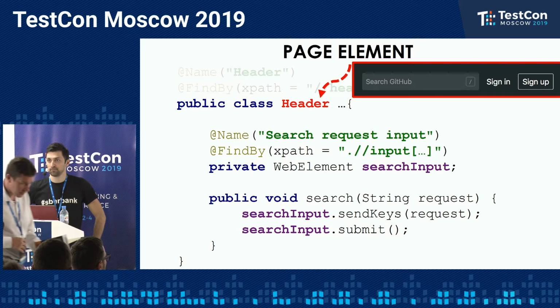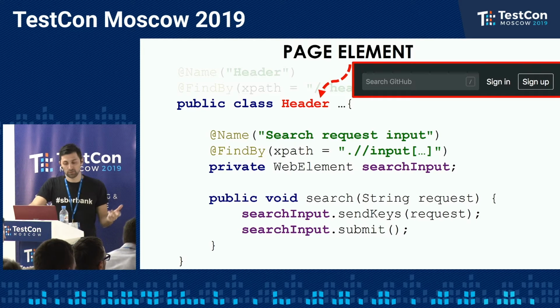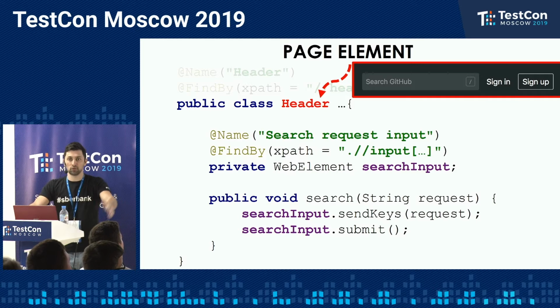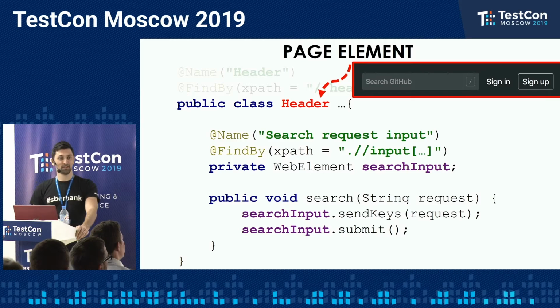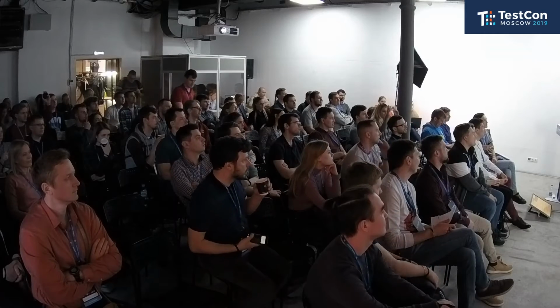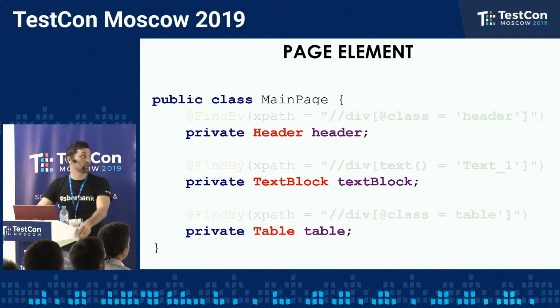If I use the page element approach, then in my class I define some layer. I define all the buttons and components and add some methods to work with those components. The page element, who knows page element? Nod or raise your hand. I understand it's the last presentation and it's hard to be here, but you need to learn what I say to you today.